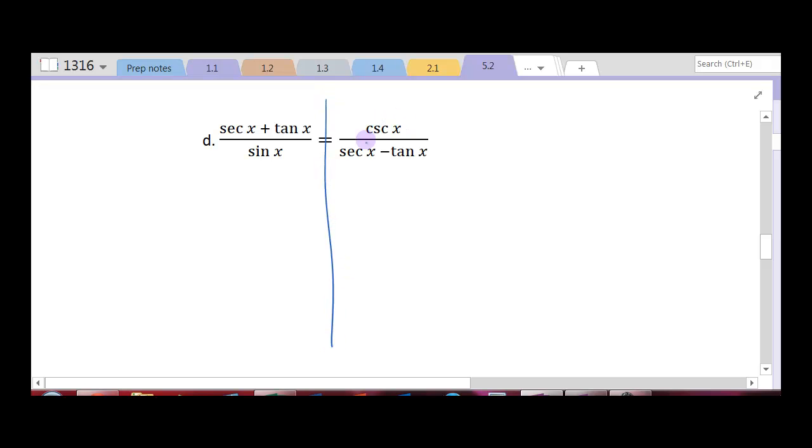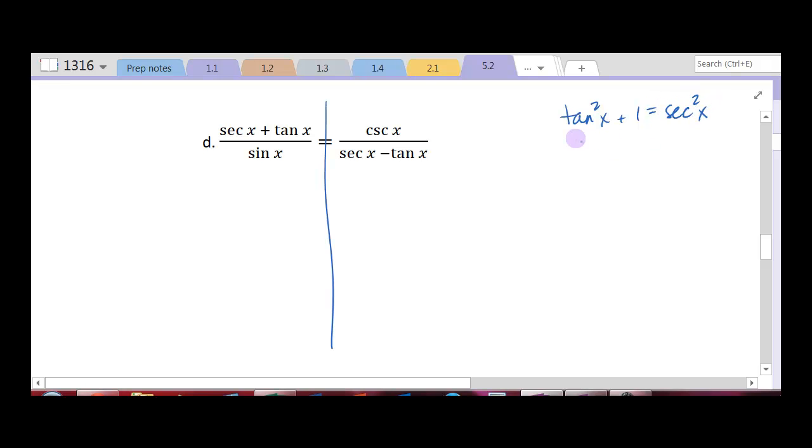So I'm going to work on this right-hand side and try to turn it into this over here. When I'm looking at this, I need to think, how can I do this? I have two terms in the denominator, both secant and tangent. Those are related through the Pythagorean identity. Remember, the Pythagorean identity says tan squared x in this case, plus 1 is equal to secant squared x.